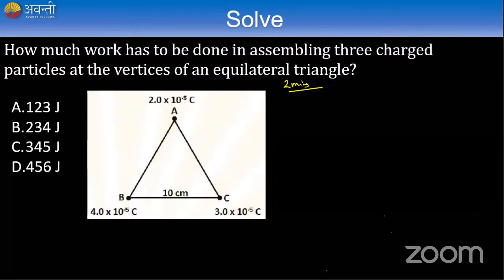So guys, do you want any hint? Ask if you want any hint, I can give you. Krish Modi, yes, maybe, but not exactly. Okay. So this is on work done also. You have to find how much work has to be done to keep these 3 charges on the 3 vertices.